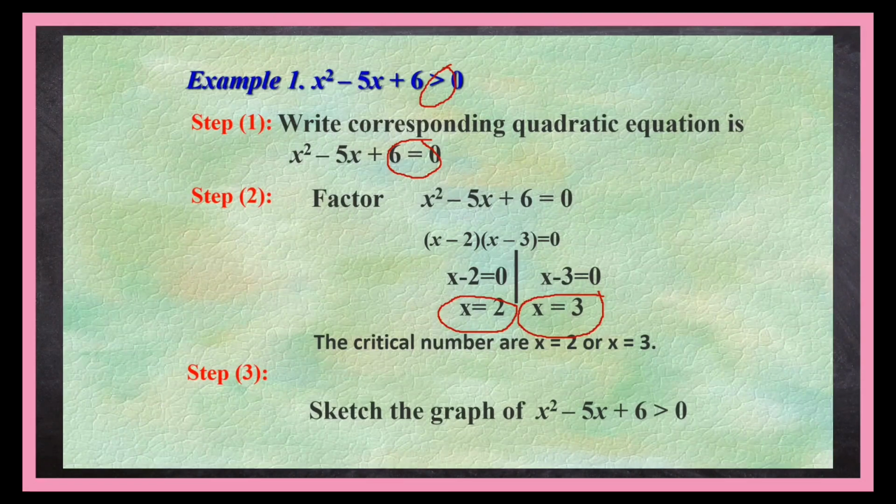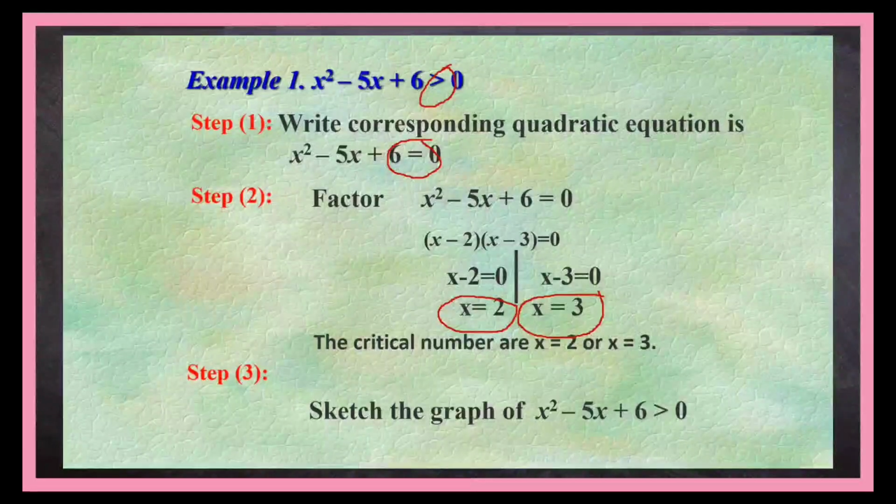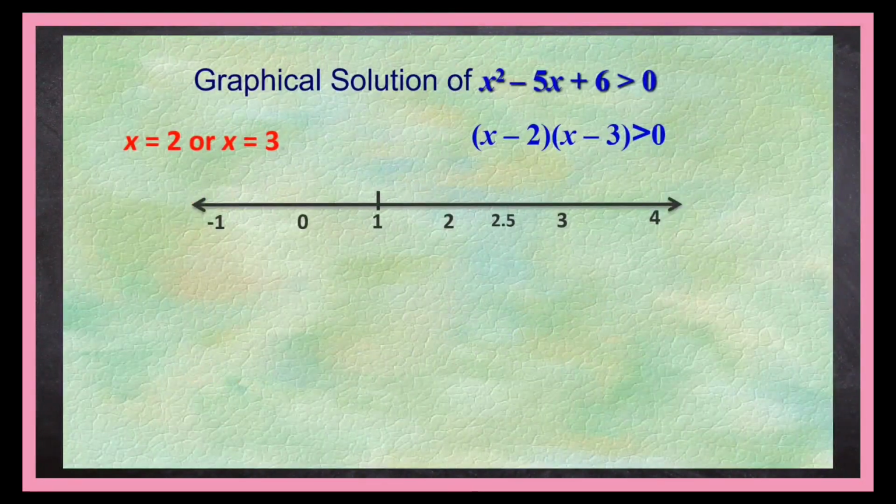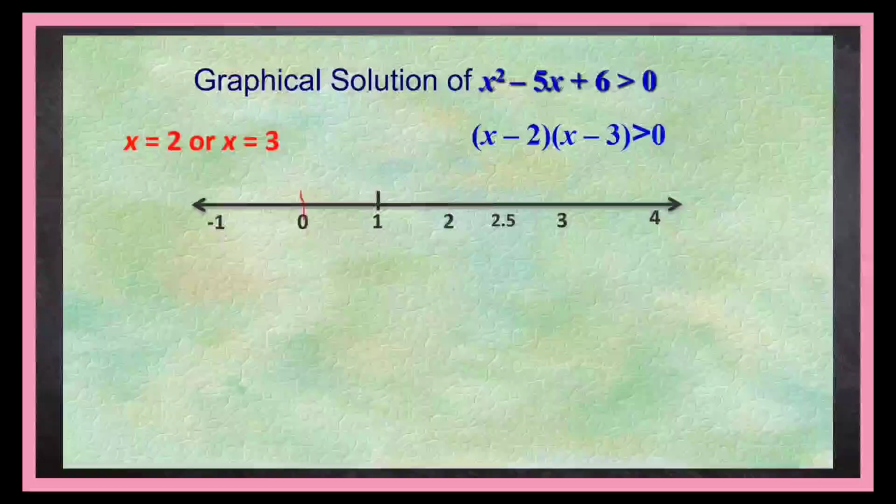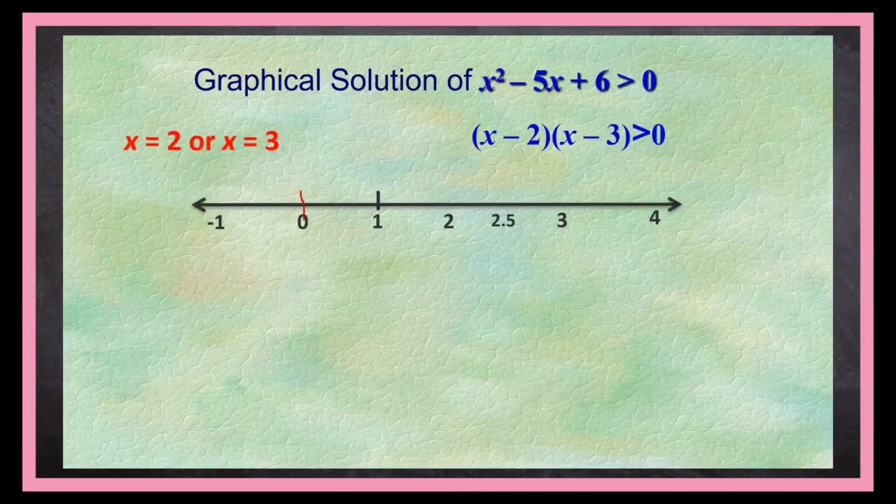Then let us sketch the graph of x squared minus 5x plus 6 is greater than 0. To graph this, of course, we have a number line here. This is the 0. Then as you can see, we will locate 2 and 3. So we have positive 2 and positive 3.